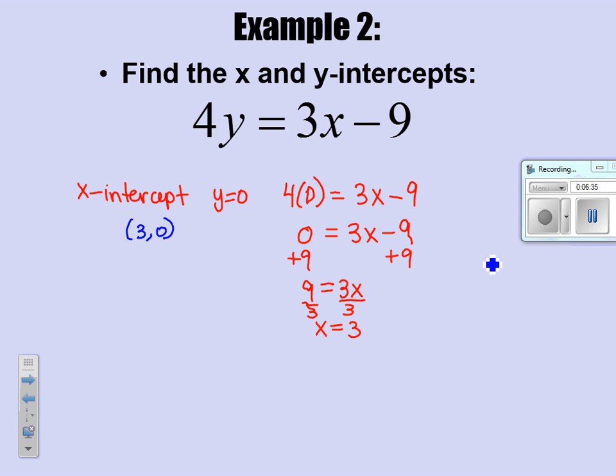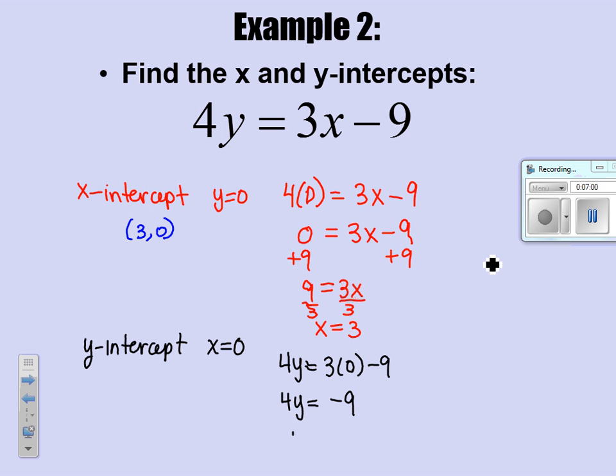Okay, now we need to find our y-intercept. So to find our y-intercept, we are going to plug 0 in for x. Always plugging in 0 for the opposite of what you're looking for. So 4y equals 3 times 0 minus 9. 3 times 0 is 0, minus 9 is negative 9. 4y equals negative 9.